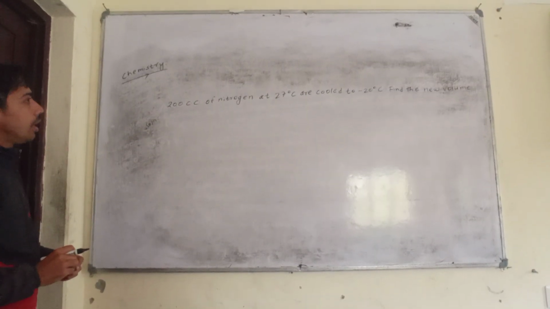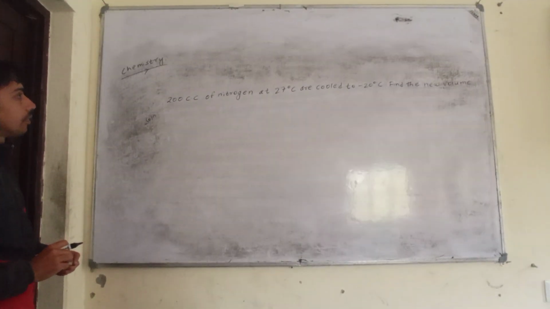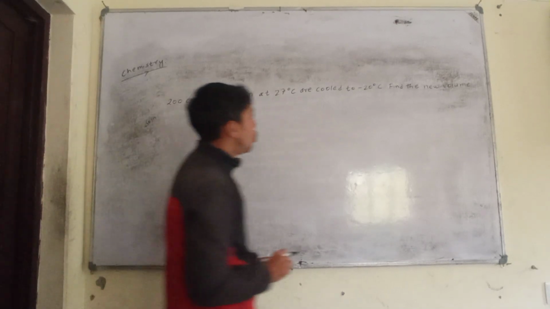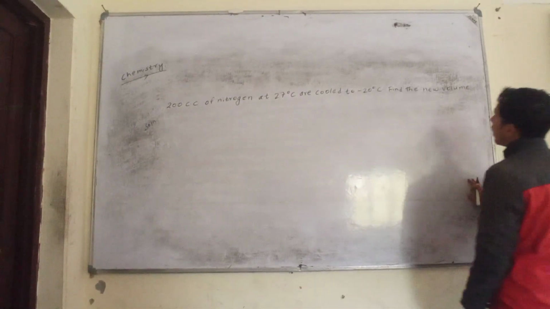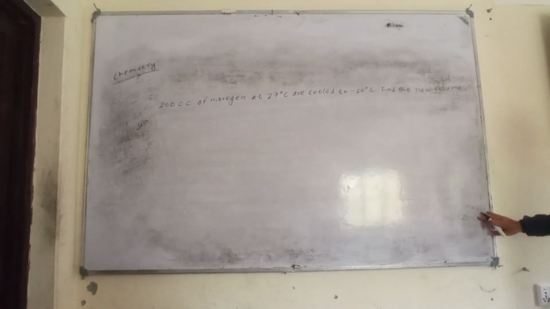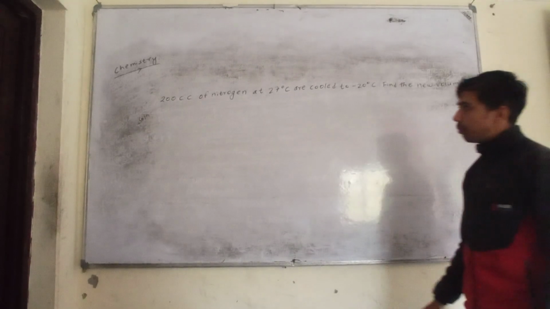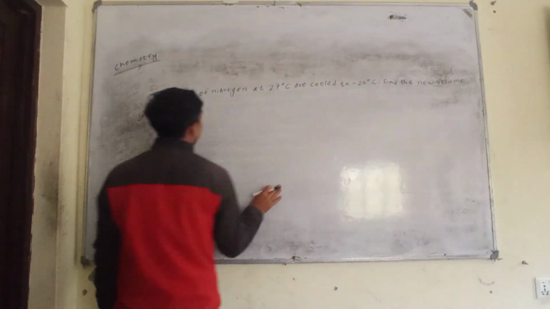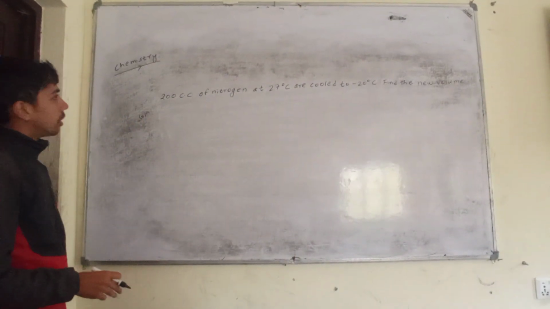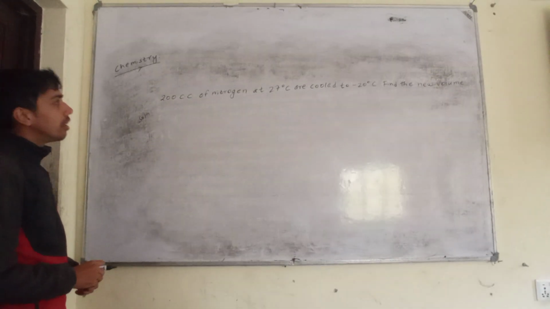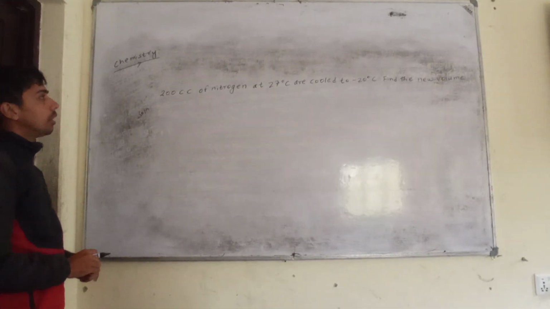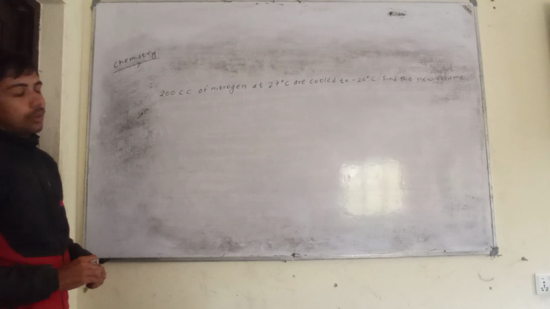Nitrogen at 27 degrees Celsius is cooled to minus 20 degrees Celsius. We need to find the new volume. But in this question, the pressure needs to be taken as fixed because it was not given in the question.